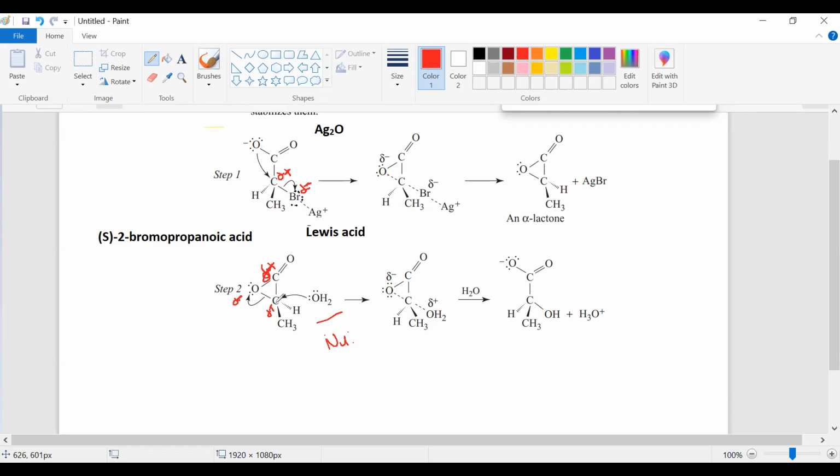So it will attack this one, and you form a carbon-OH2 bond. There is a partial bond formation, and this is our intermediate, shown by the broken line. So once you form a partial carbon-oxygen bond, there is a partial bond breaking process here.